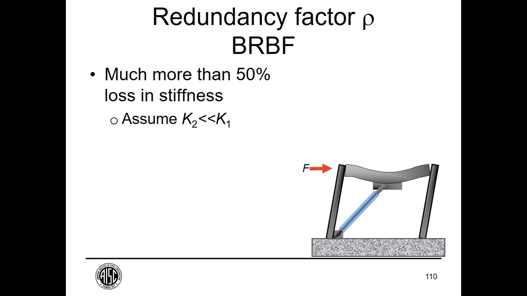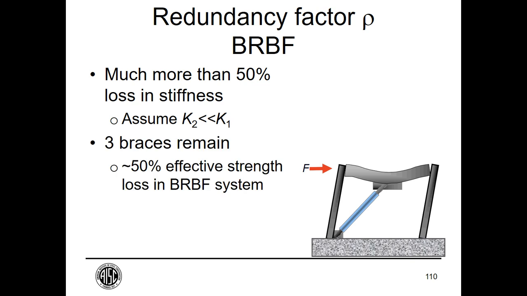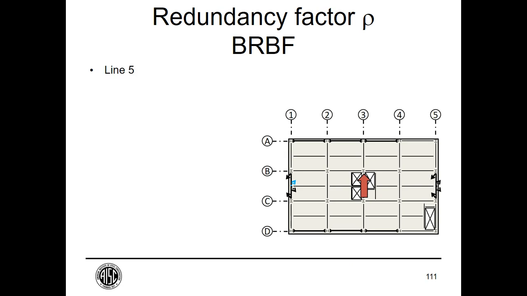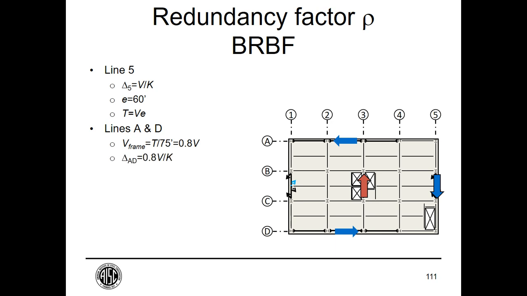So we're going to simply say that we lose 100% of that braced frame. And then with the braces that remain, we have a significant loss of strength and significant loss of stiffness. So we're going to say this is how it's resisted, and all of the torsion goes to the moment frames.